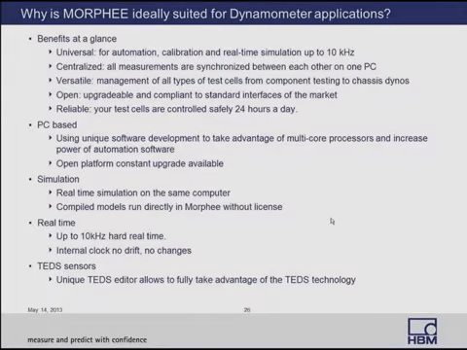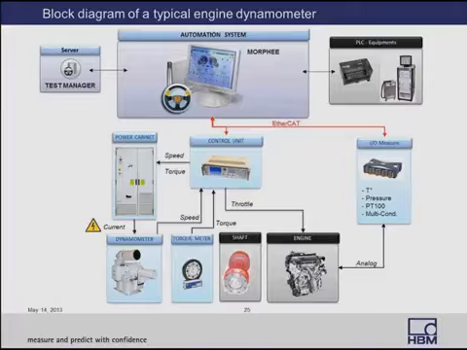Now we will go through a typical dyno application. In this case, it's an engine dyno application, as you can see. You have the engine, which is connected through the shaft and torque meter to the dynamometer, and you have the automation system, which is Morphy in this case.